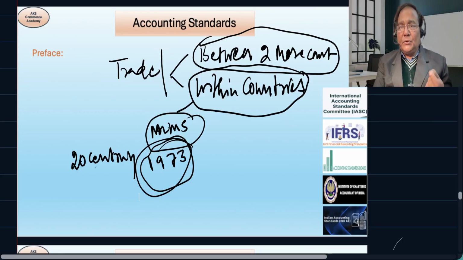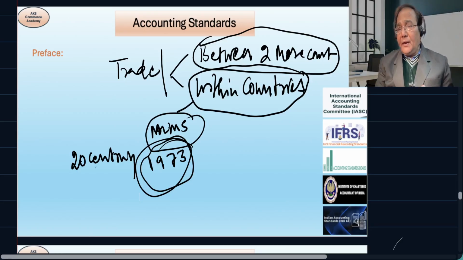Then he has to know the language which the organizational report is speaking, and that language, which is accounting, has to be as per the standard, and that standard is set by IFRS. So it is an international standard.